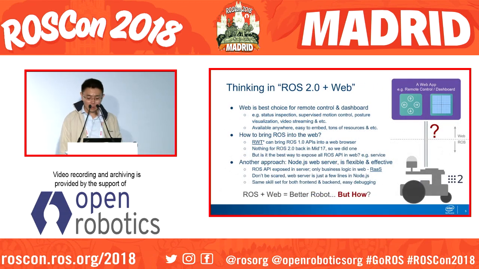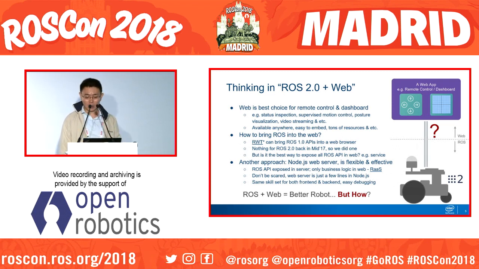Okay. Web is always the first solution you come up with when you want to have a dashboard or a remote control UI, because it's easy, powerful, and cross-platform. But when it came to ROS2, there was a problem. The ROS bridge, one of the key components of Robot Web Tools, was designed for ROS1 but is not compatible with ROS2.